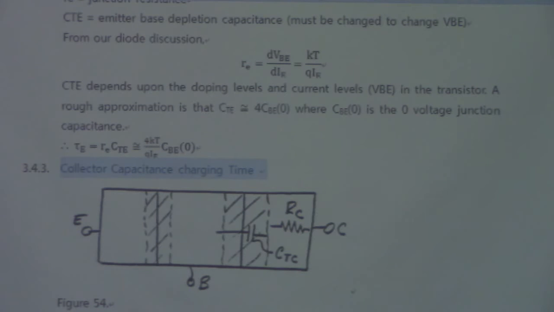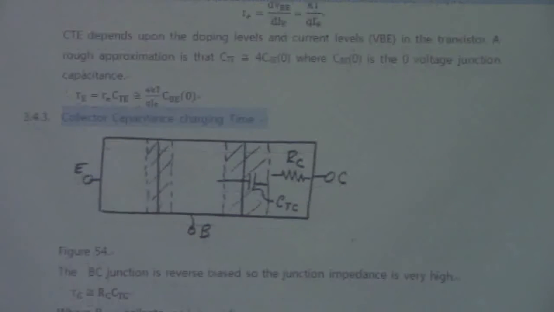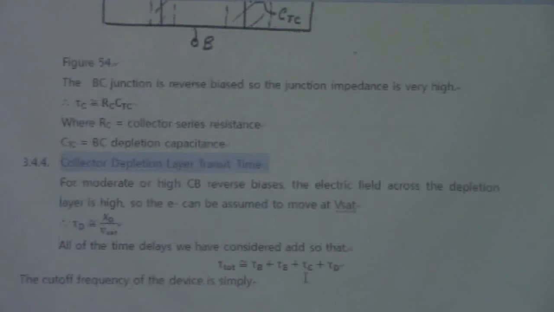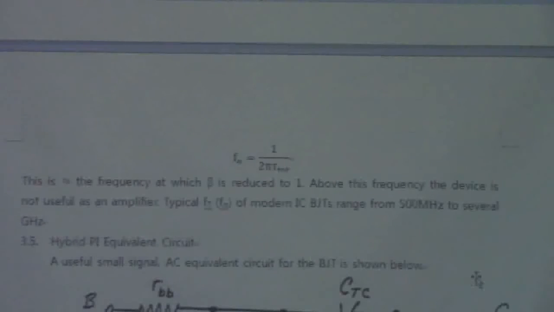So you can read on this, and then the collector depletion layer transit time. It's basically related to the three regions: emitter, base, and collector regions. Time dependent delay, RC delay. Okay, so you just read this.